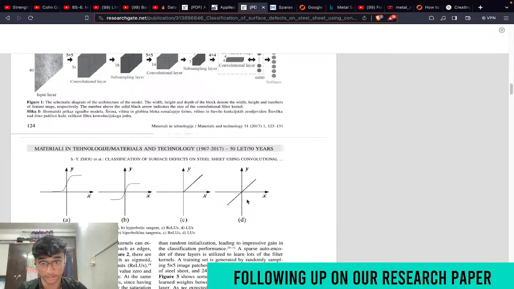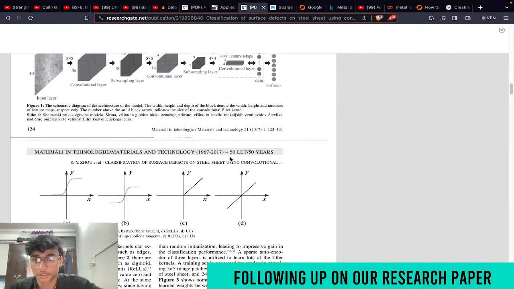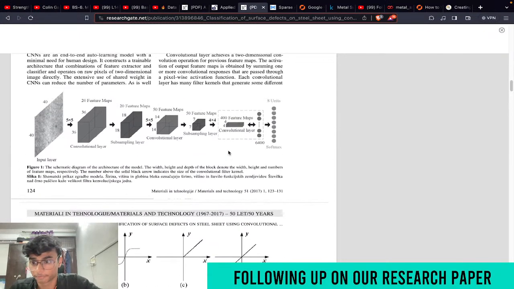I don't get it. This is just like using no activation layer at all. But I guess we'll have to follow this, so let's live with it.